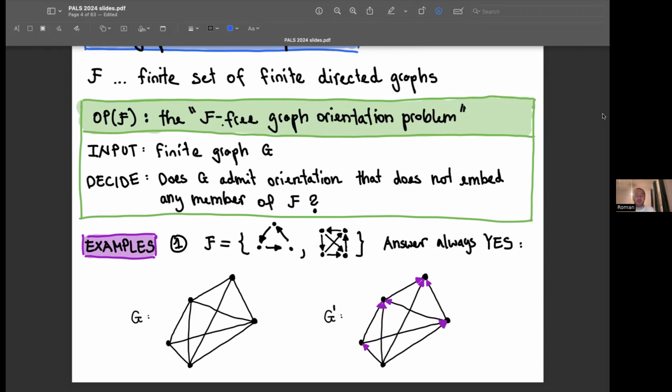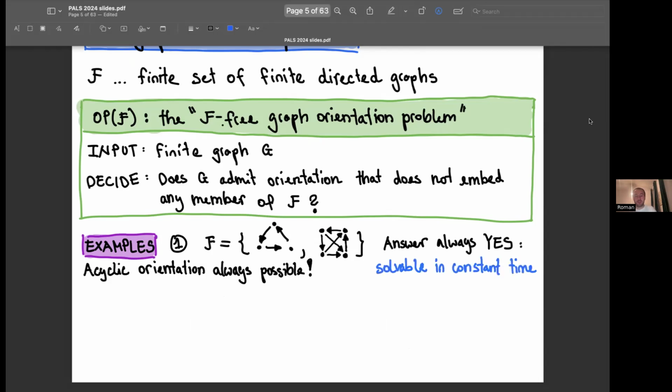Naturally, this will induce an acyclic orientation of the graph. G' is the orientation. And both of the forbidden patterns have a cycle, so they cannot possibly embed into G'. So we can always answer yes. Every graph has an acyclic orientation, so it's solvable in constant time.